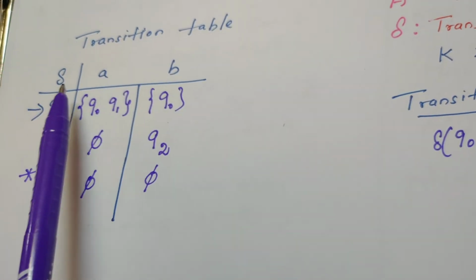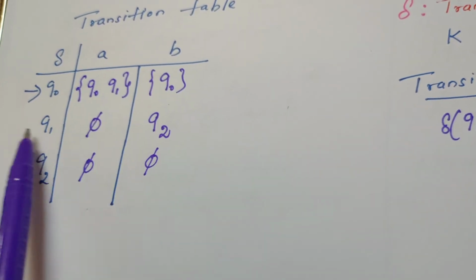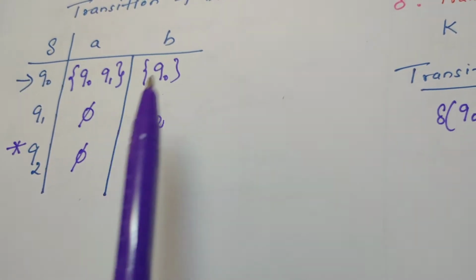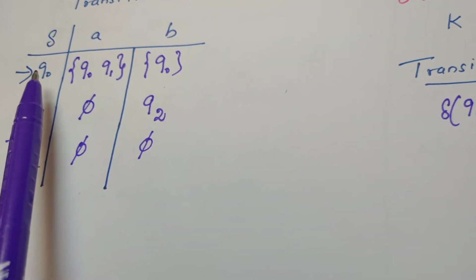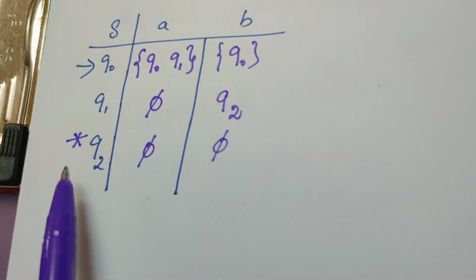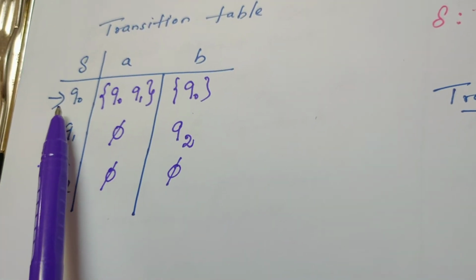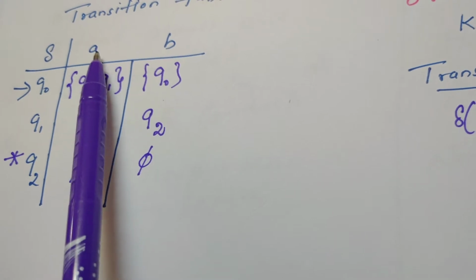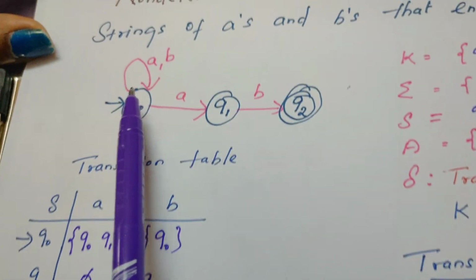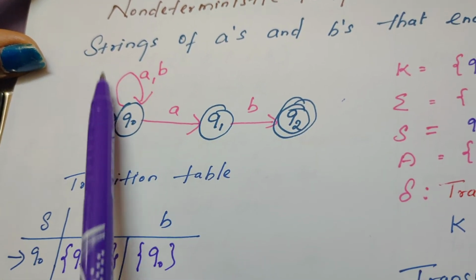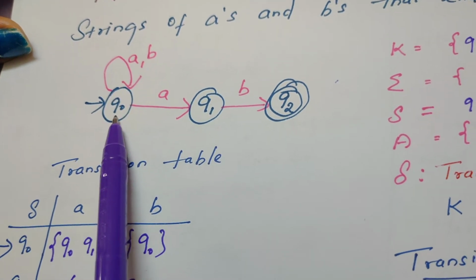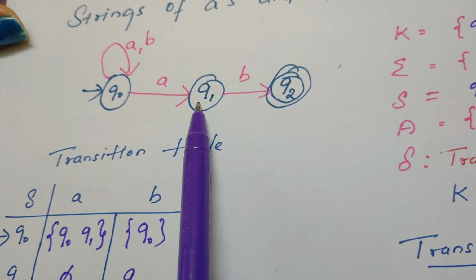Transition table, as usual, we know that the rows are the states and the columns are the input symbols. So I have written all the states here, Q0, Q1, Q2, and the input symbols are A and B. From the state Q0 on reading A, let us see the transition diagram. From the state Q0 on reading A, it goes to Q0 as well as to Q1.